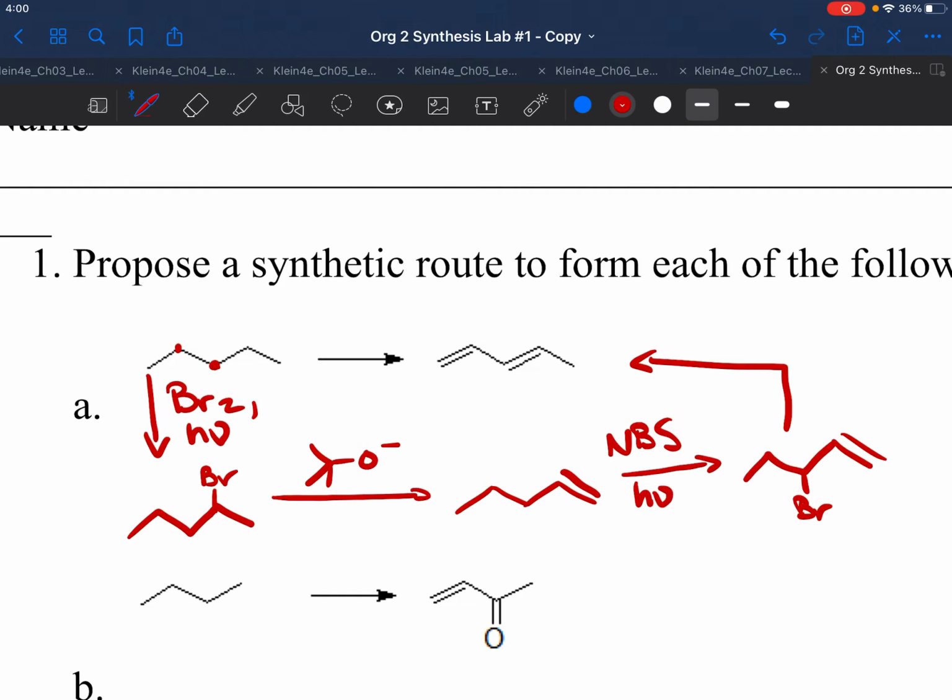So you can use potassium tert-butoxide again, or you could use sodium hydroxide, or methoxide or ethoxide. You just need a strong base here. If you want to really avoid SN2, you also can just put a protic solvent in with it. If it is potassium tert-butoxide, it's not going to substitute, so you don't have to worry about that.